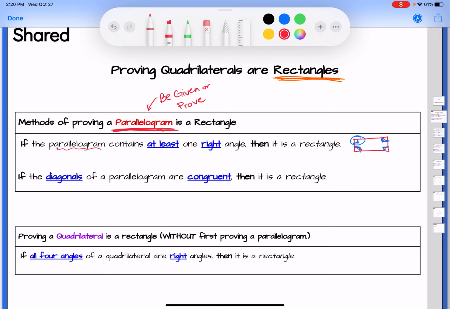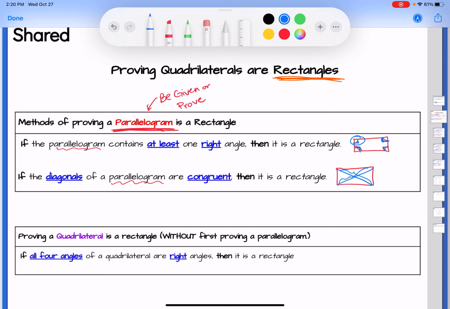The second one is, if I already know that I have a parallelogram and the diagonals are congruent, then it must be a rectangle, because the diagonals are not congruent in a regular old parallelogram and they are not congruent in a rhombus. So it would have to be a rectangle.